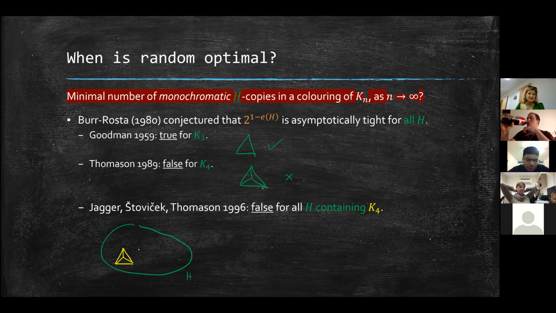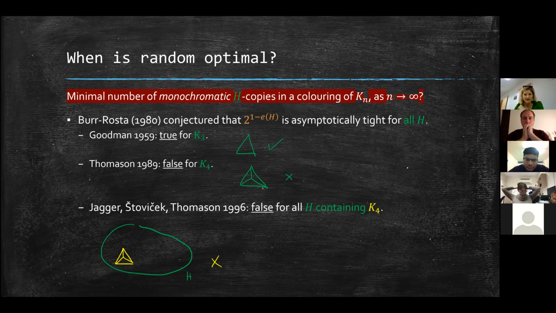And notice that this is highly non-trivial, so there is no obvious monotonicity in this problem. It's not obvious how to take a coloring which is somehow bad for K4 and then turn that into a coloring which is bad for a specific graph H. So again, for this graph, the conjecture is false.